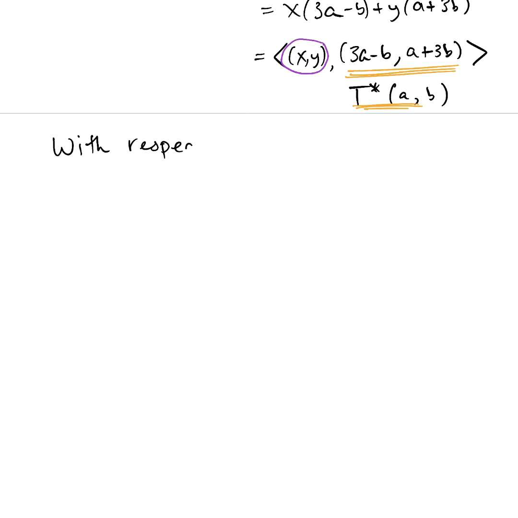So with respect to the ON basis (1,0), (0,1), so that's the standard basis in R2, you could just figure out the matrix for T. Well, first column, you've got to see what T does to (1,0).